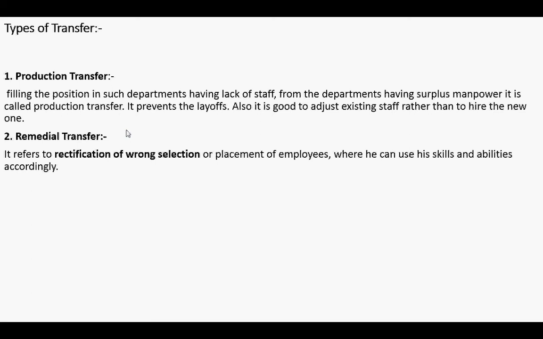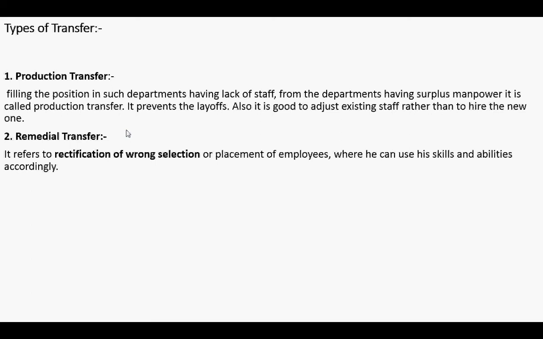From there, the labor will be transferred to the department where we have extra work. Therefore, it prevents layoff. It is good to use existing staff rather than taking from outside. So this is production transfer.